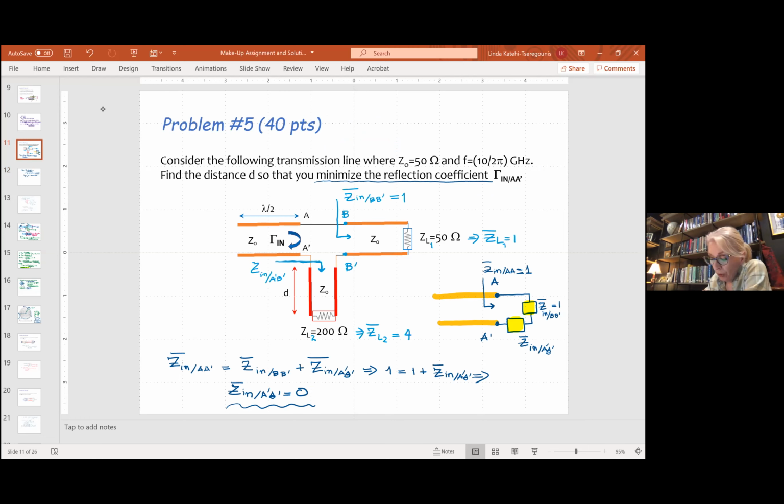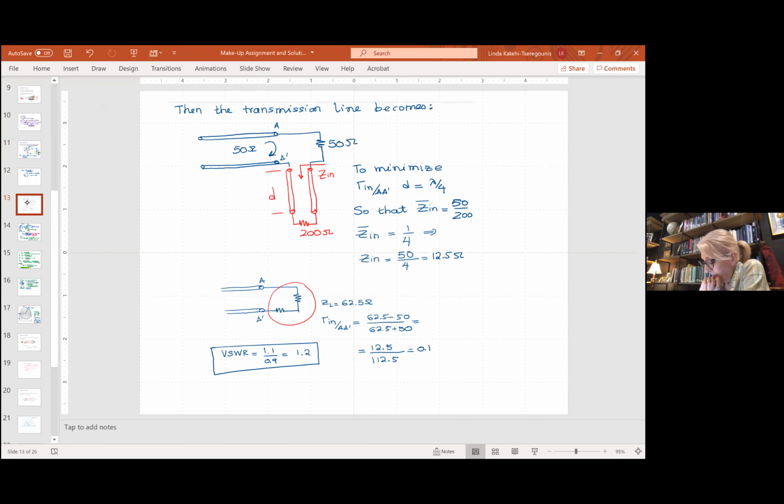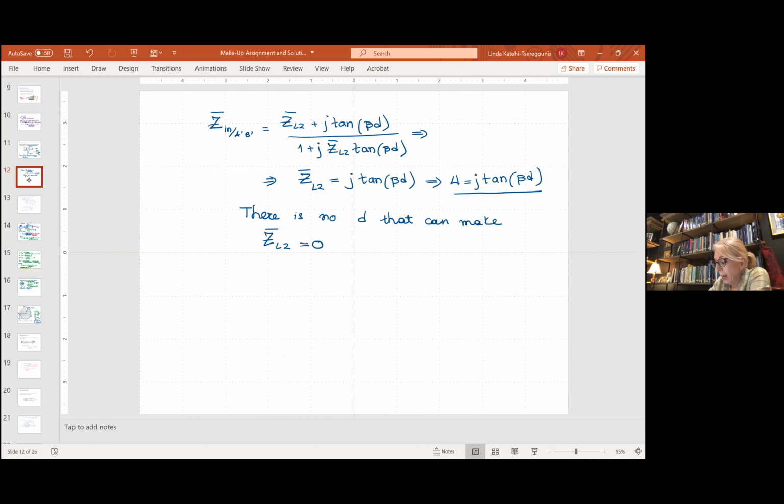The best way to do this would be by bringing here the Smith chart. It's very difficult to do a minimization of a function like this, to find the minimum value. You would have to find the derivative of this with respect to D and make that equal to 0. But it's very complex. I will not suggest that.